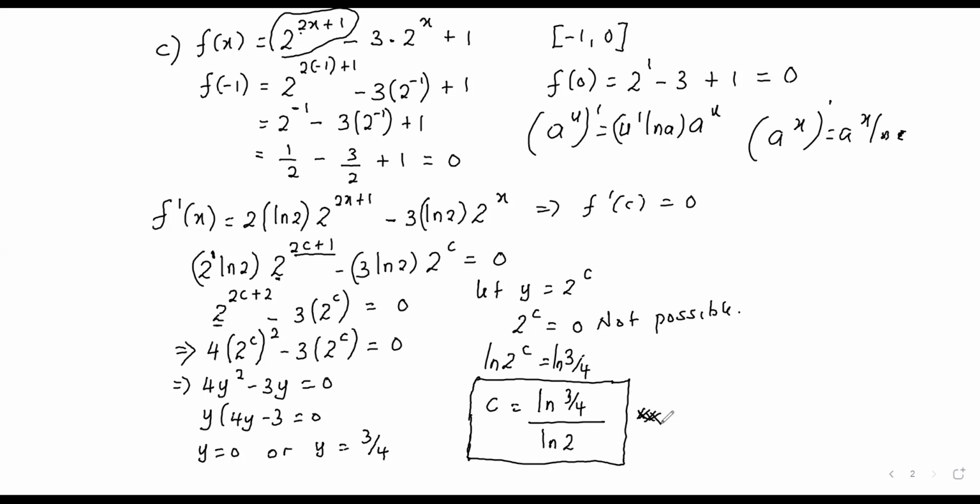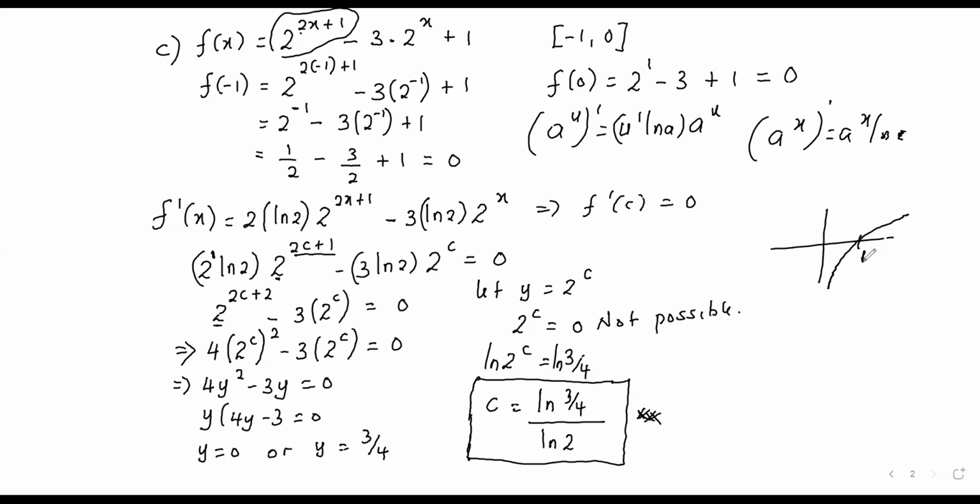So we need to check if this c is in that interval. It is. It's negative because the 3 over 4 is less than 1. Remember, the graph of ln is like this, where this is 1.